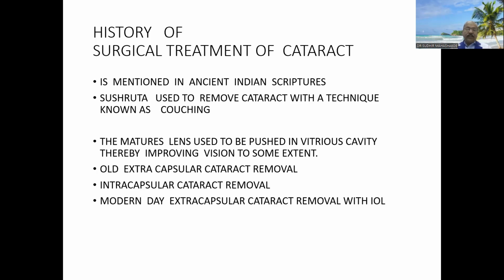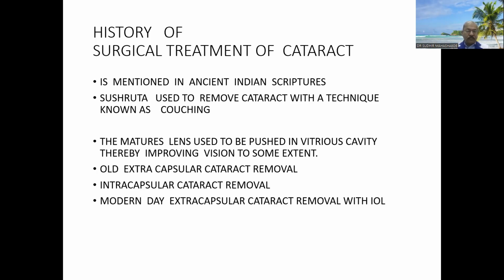And then came the intracapsular cataract removal. The technique was developed whereby we used to give a cut on the cornea at the limbus of around 14 to 15 millimeters.